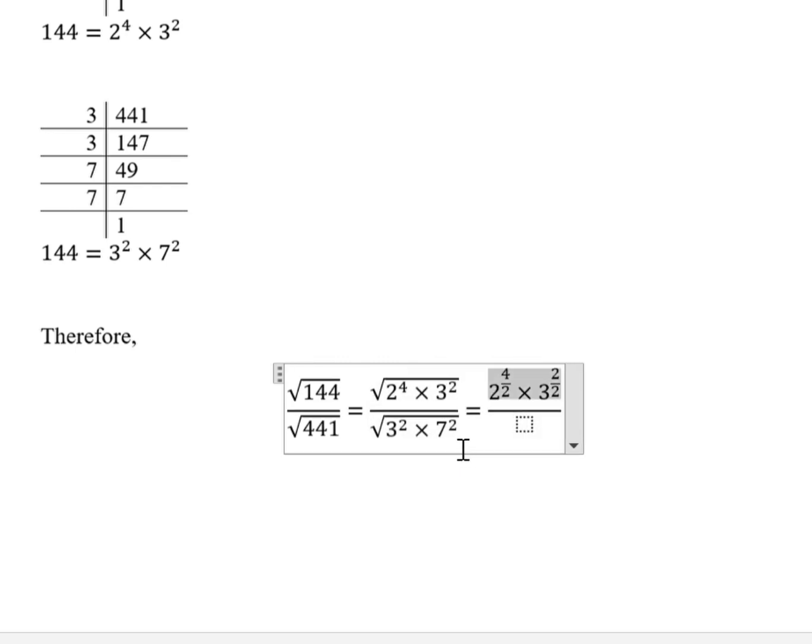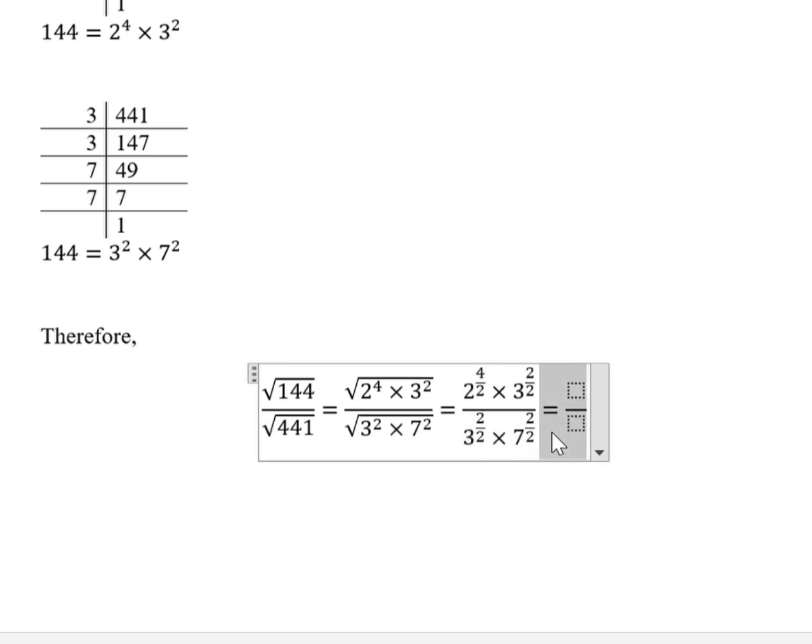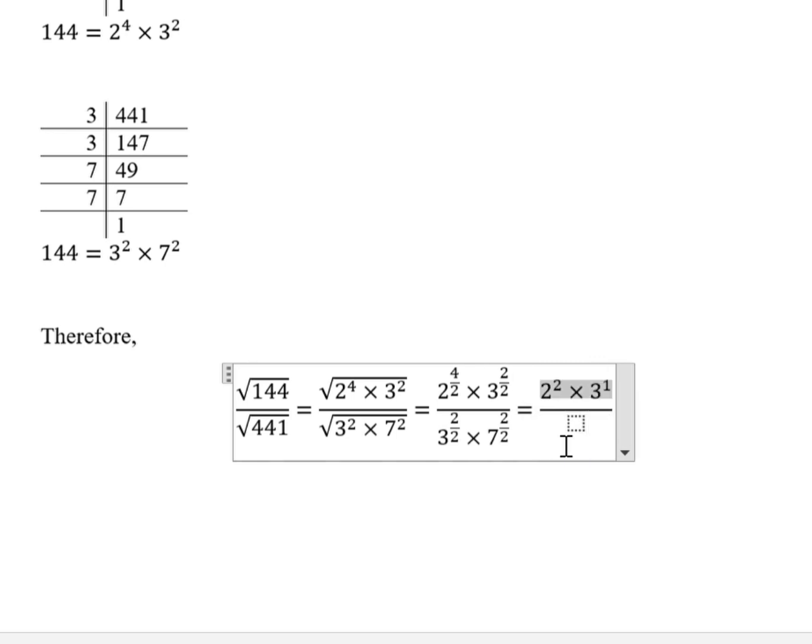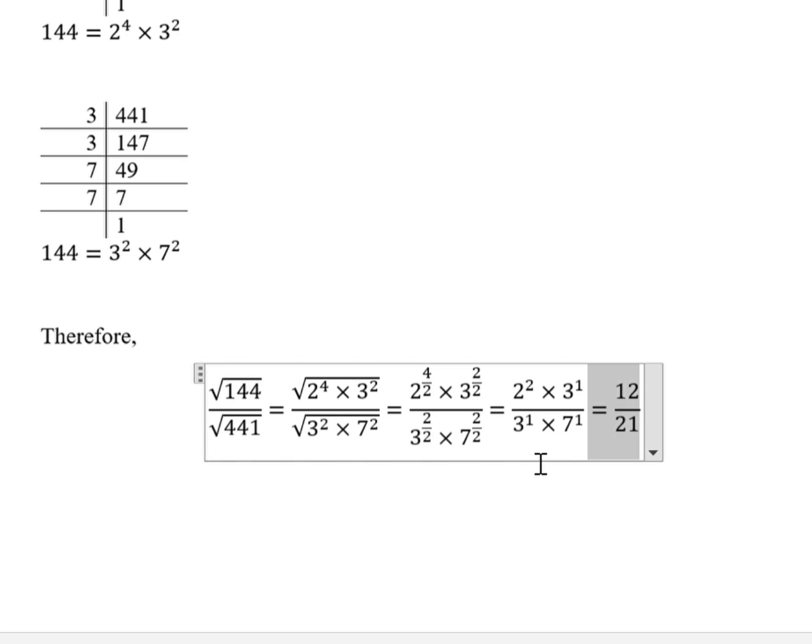So we shall have 2 raised to power 4 divided by 2 times 3 raised to power 2 divided by 2, over 3 squared divided by 2 times 7 squared divided by 2. When you simplify, the numerator gives us 2 squared times 3 raised to power 1, over 3 raised to power 1 times 7 raised to power 1, which when you simplify, you get 12 over 21.